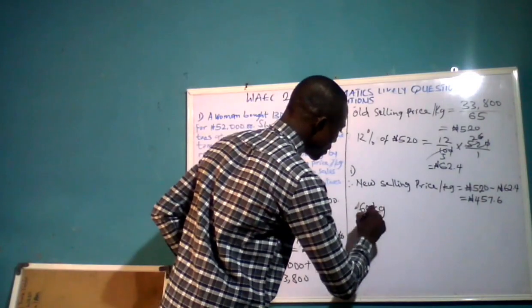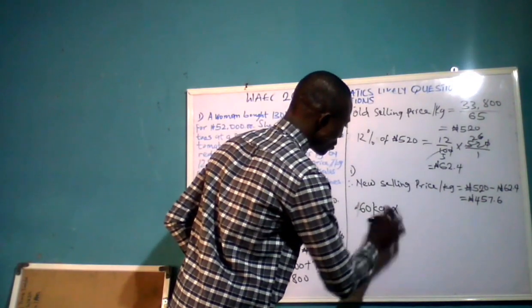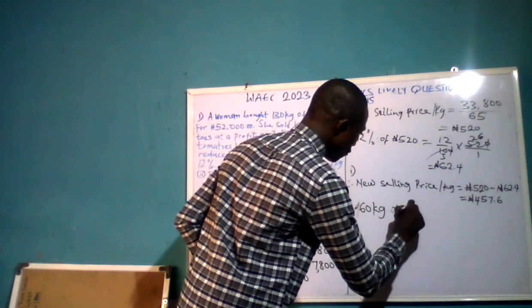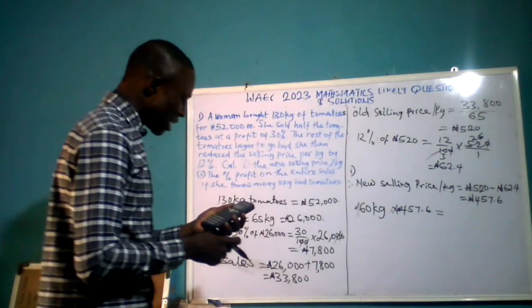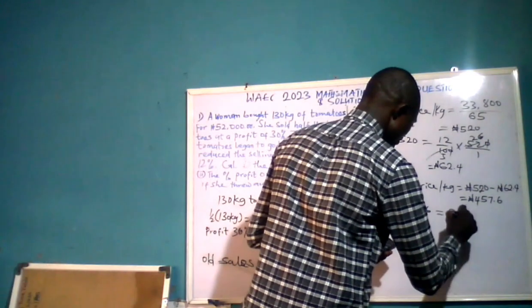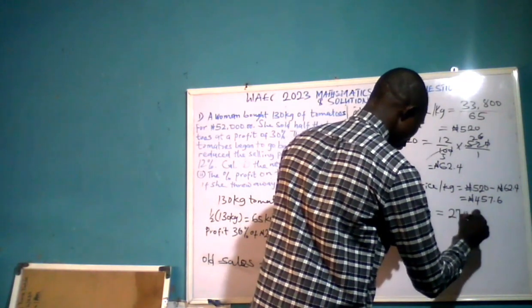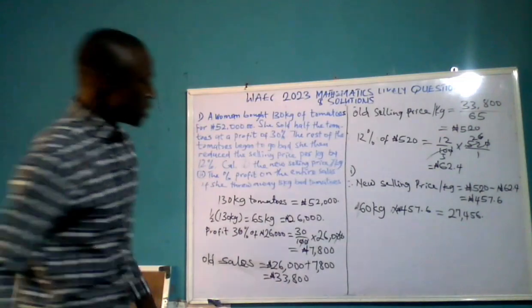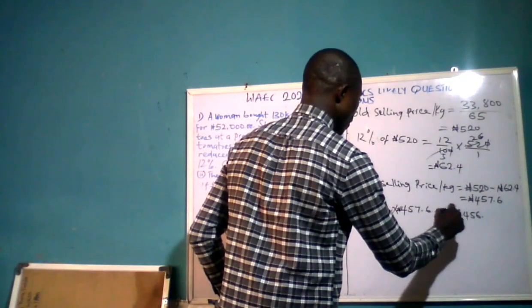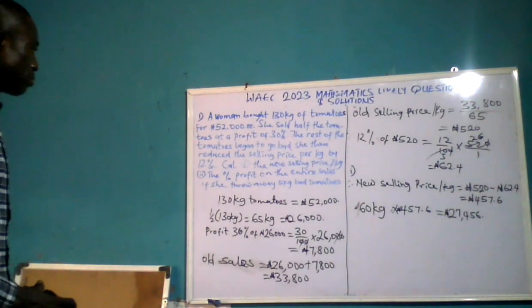So that means 60 kilograms multiplied by 457.6. That gives us 27,456. 27,456 naira.